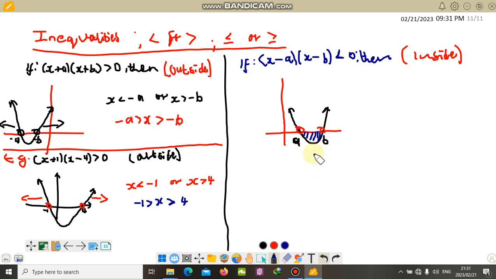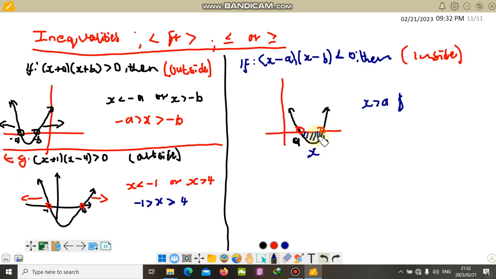Here is x. We see that x is greater than a, because any value here is bigger than a. A is the x-intercept here. And any value here is less than b, because b is the x-intercept here.